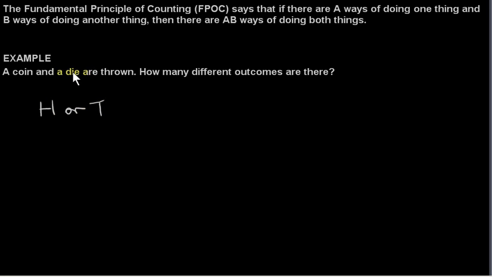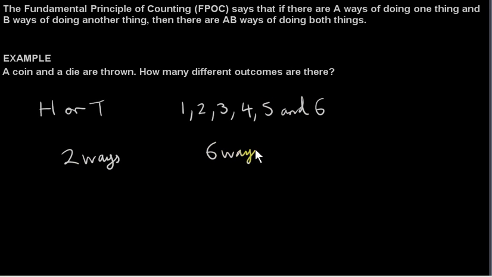As for a die, there are 6 possibilities for a number to appear, because on the die we have the numbers 1, 2, 3, 4, 5 and 6. So there are 2 ways for the coin to appear and 6 ways for the die to appear. So by the fundamental principle of counting, we have 2 times 6 equals 12 different outcomes for the throw of a coin and the throw of a die.